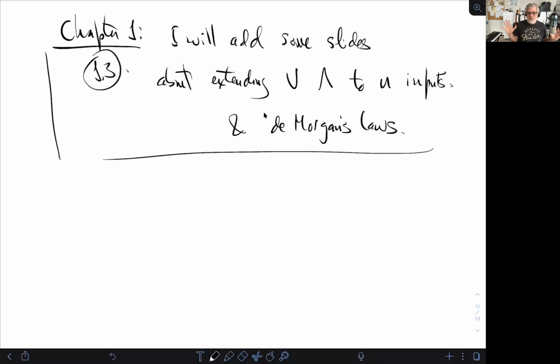You might have noticed that or and union, intersection, and negation and complementation, there's something going on there. They look alike, and yes, they do. They're sort of the same thing in disguise. So I'll add this and I'll talk about that.